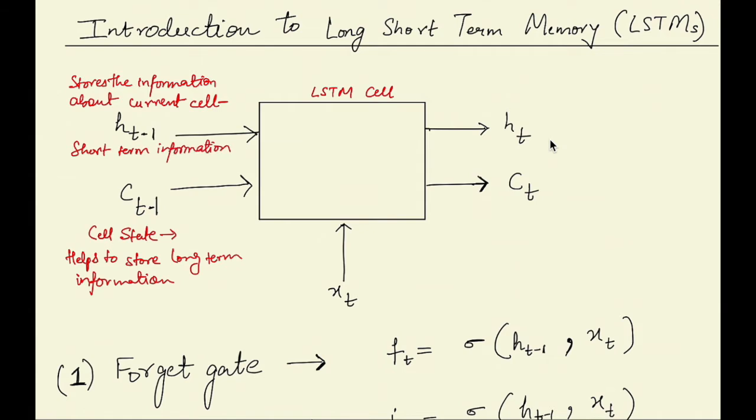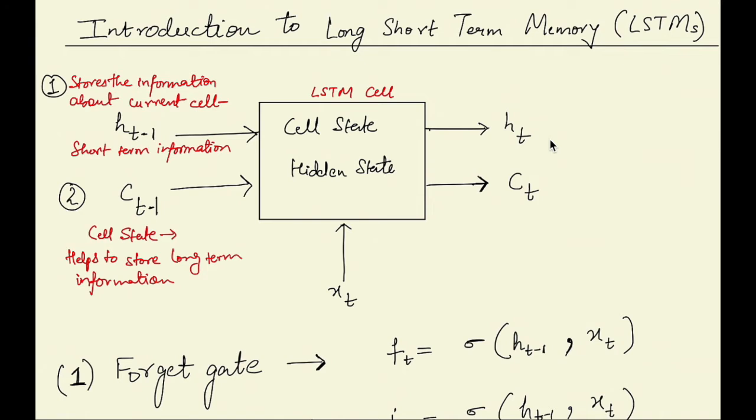So unlike RNNs, in LSTMs we have a cell state denoted by ct to capture long-term information, and we have a hidden state denoted by ht to capture short-term information. And now let's see that ultimately the variable of interest is ht.